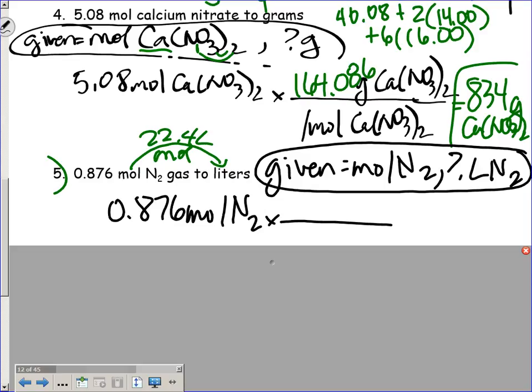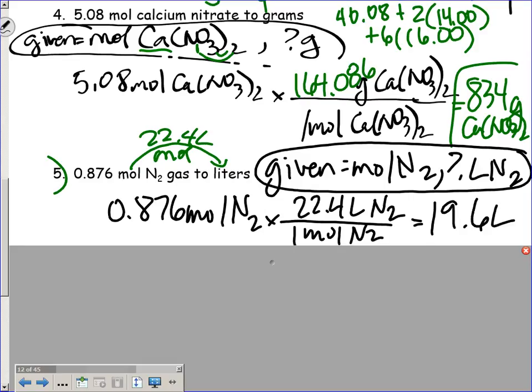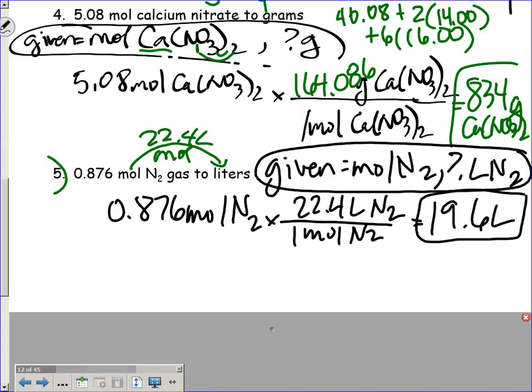And what number always goes with liters? 22.4 liters of nitrogen, and that's contained within 1 mole of nitrogen. So you'll do 0.876 times 22.4 liters, and you get, I'm sorry, 19.6. That's right, my bad, I wasn't looking at my writing. 19.6 liters of nitrogen. And that was a single stepper.